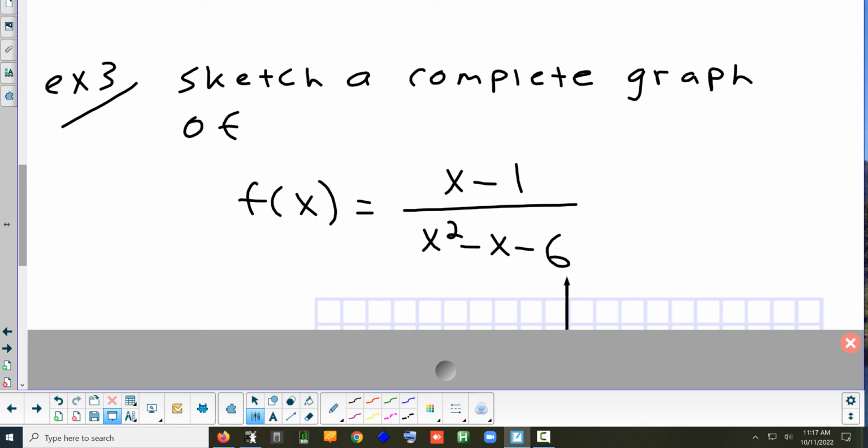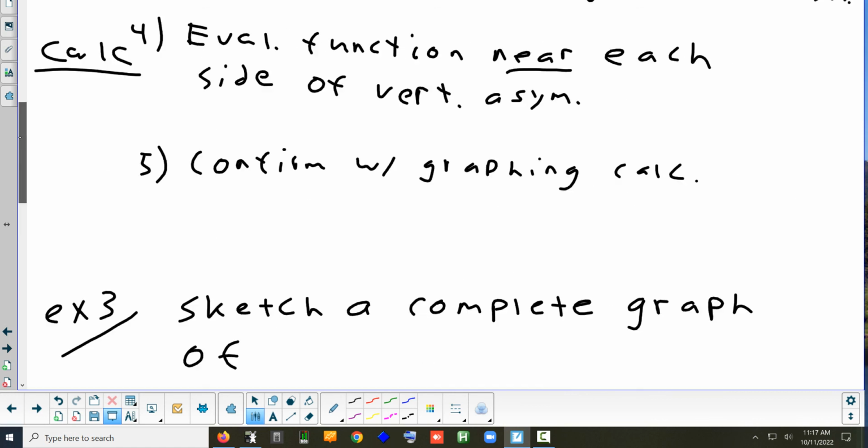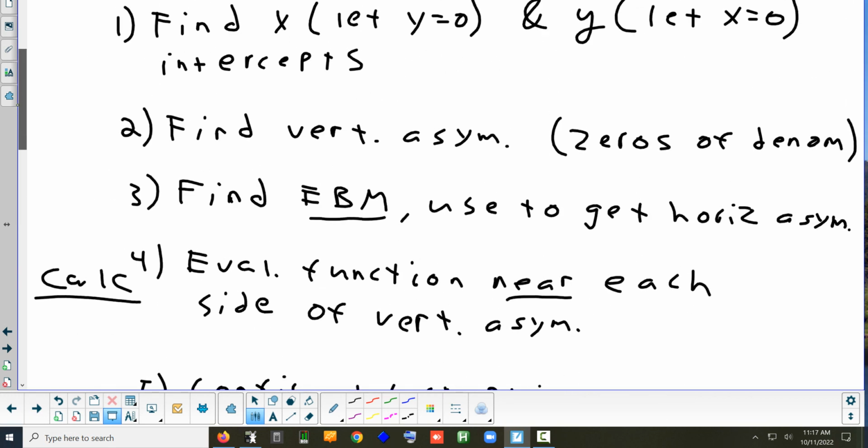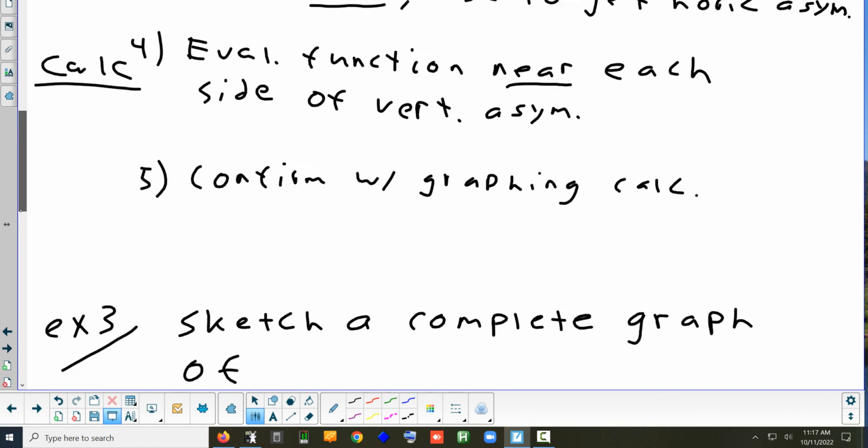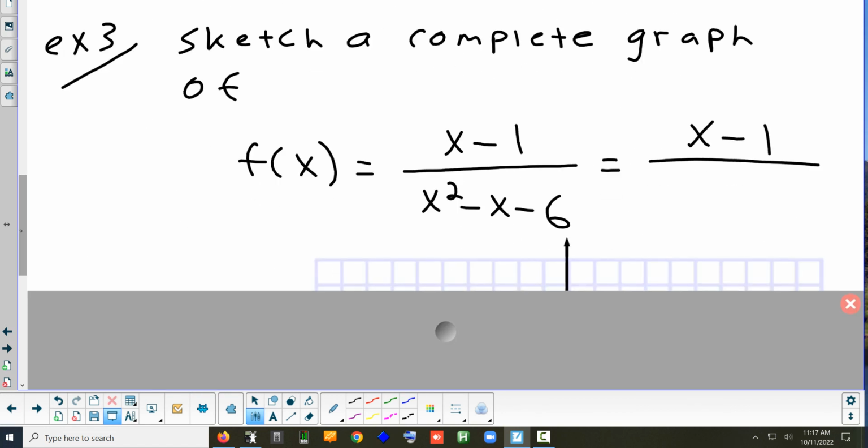So there's our first one: x minus 1 over x squared minus x minus 6. What do you think that we want to do right away that will help us with finding the zeros of the denominator? Yep. You want to factor this. Hopefully this will be quadratic most of the time, because then you can find the zeros pretty quickly.